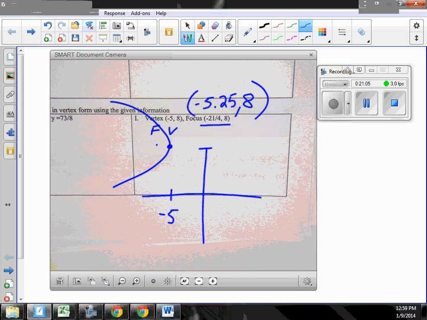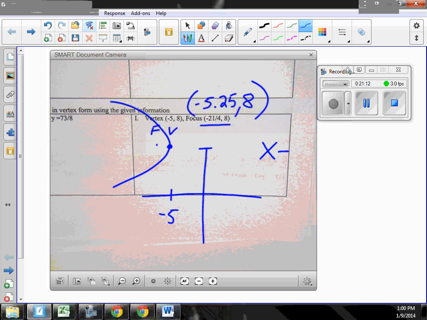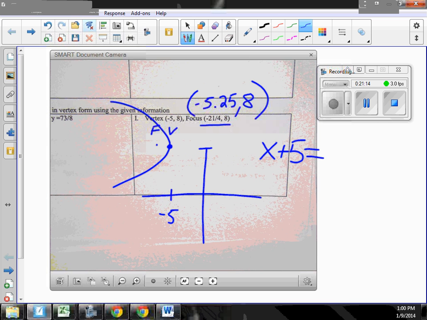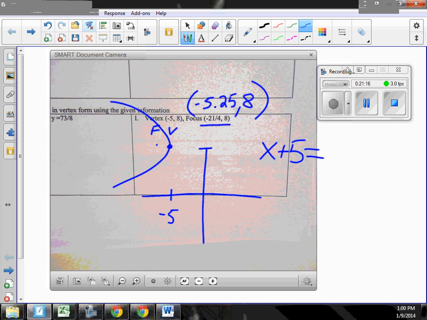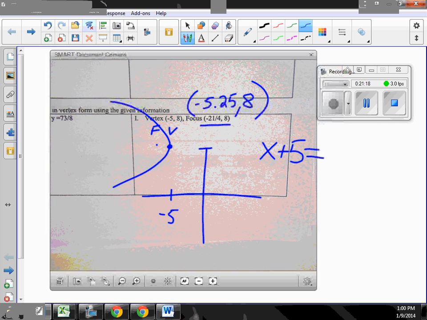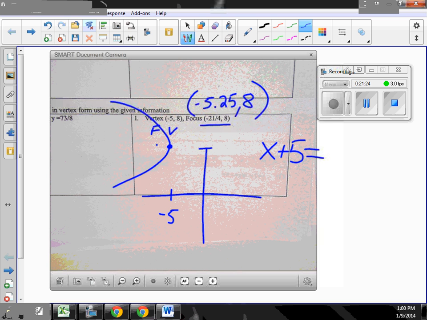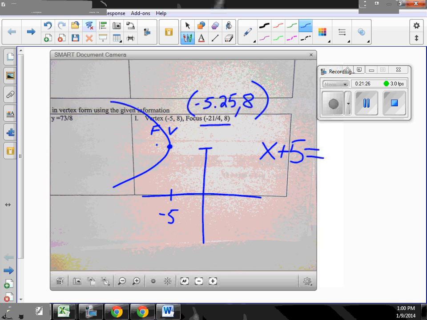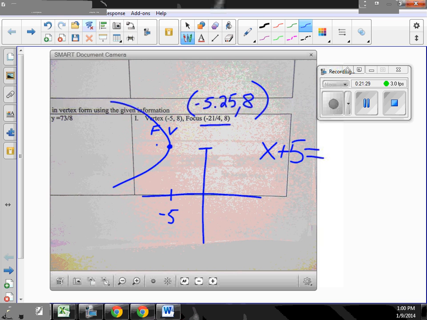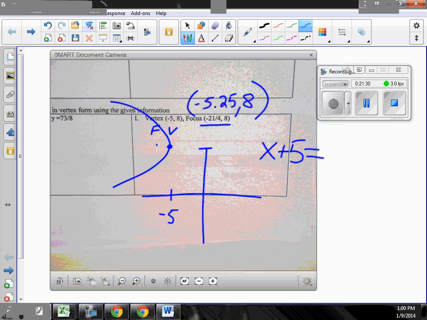X minus h. Do I know h? Yeah, it's negative 5. So x plus 5 equals... It doesn't matter if you have focus or directrix. Either one will work. The equation determines if it's up or down.